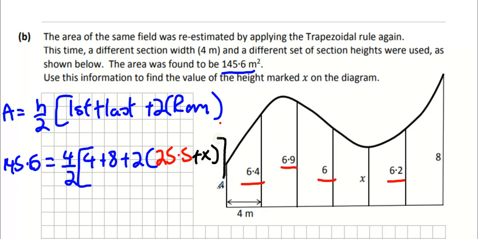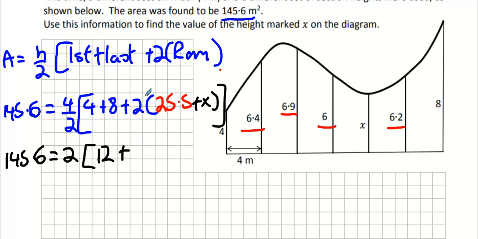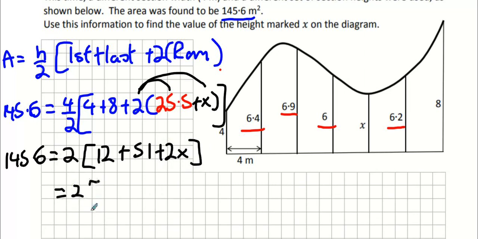Everybody cool with that? Now, 145.6 equals 2 times 4 plus 8 is still 12. 2 times 25.5 is 51. 2 times x is 2x. And then it's going to be 2 times 63 plus 2x equals 145.6.